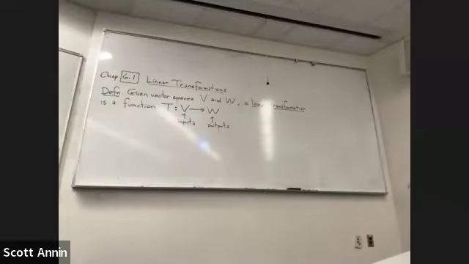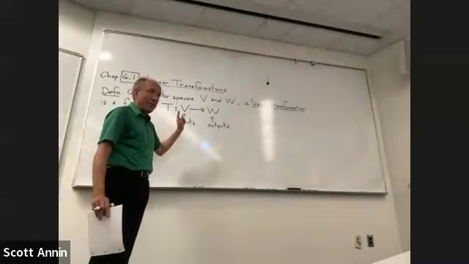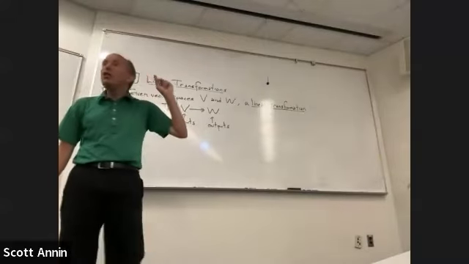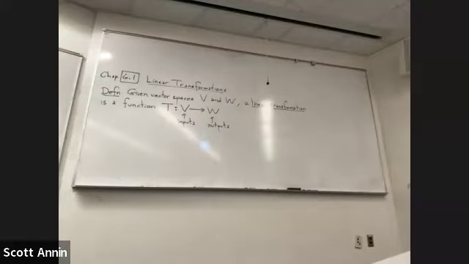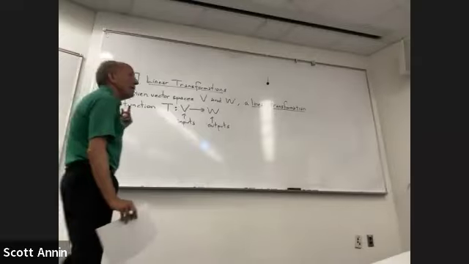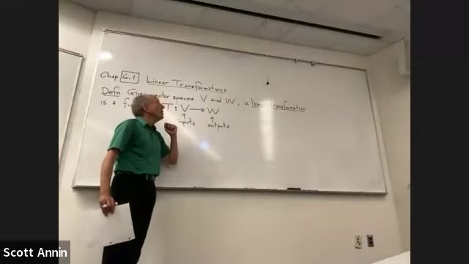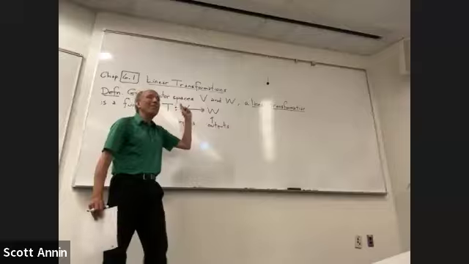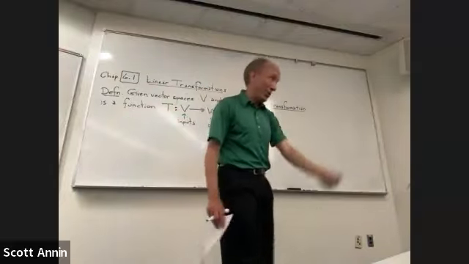I'm going to write down some examples in a minute, but there is a little bit more to this definition, because we're not just going to be talking about functions from V to W. Those functions have to be nice enough that they respect the vector space operations.